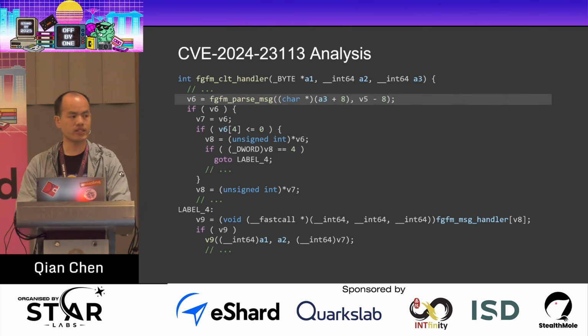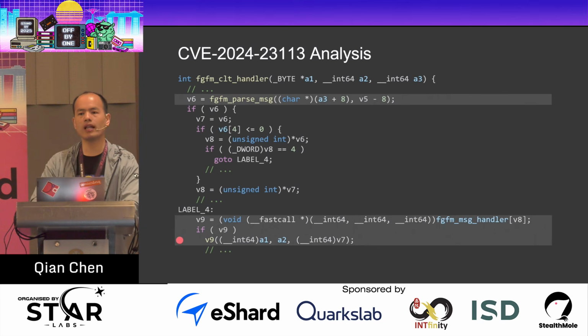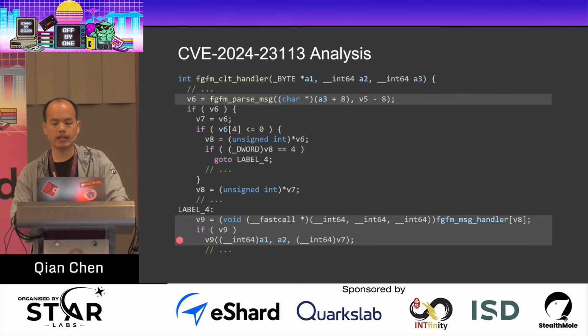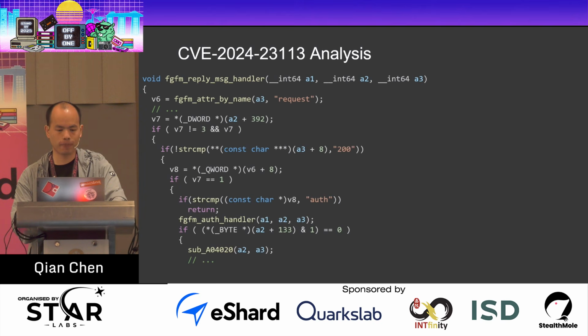In the FGFM CLT handle function, it first parses the data component by calling FGFM parse message. Based on the parsed method field value, the corresponding handle functions will be selected and called from the FGFM message handler table. This table contains various message handlers, and in all cases, the FGFM reply message handler will be called.